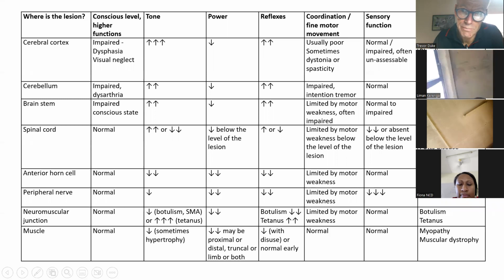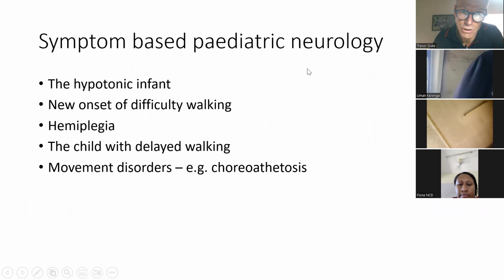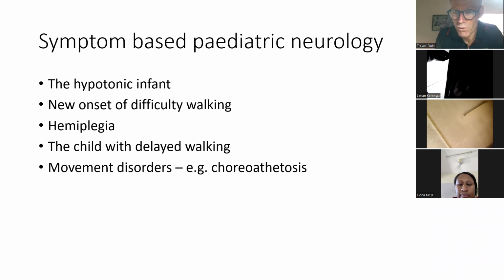I think it's useful to think about paediatric neurology in terms of a few common presenting features. Often we are faced with the hypotonic or floppy infant, or a child with new onset of difficulty walking. They were walking okay and then they stopped walking.